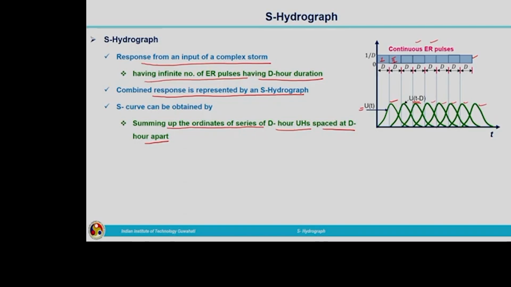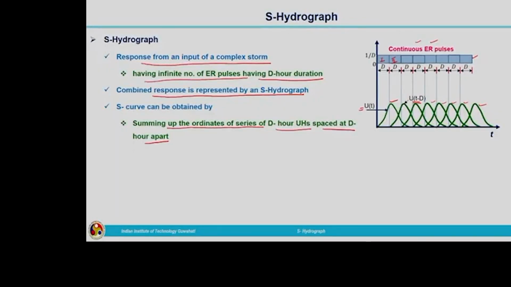The responses from these effective rainfall pulses can be plotted by means of unit hydrographs, which come as responses from the catchment one after the other. If we are going to plot the combined response from the catchment, we can sum up the ordinates of each and every unit hydrograph with a lag of dr. That is, we are making use of the principle of superposition here.